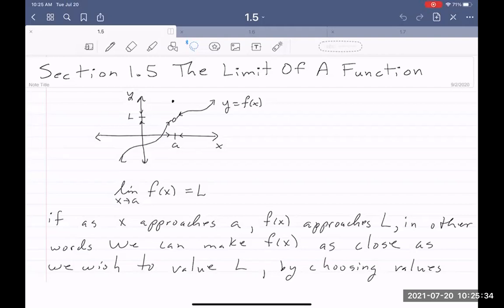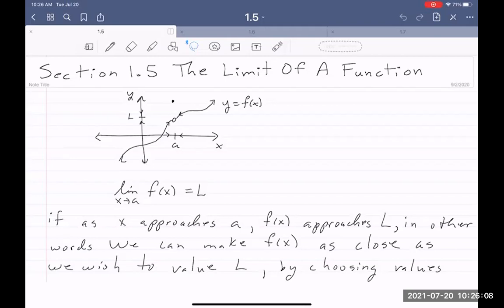This concept of a limit took over 2,000 years before people really understood what's going on. The idea of a limit really started back with Archimedes, back with the ancient Greeks, and they really weren't able to comprehend this concept.